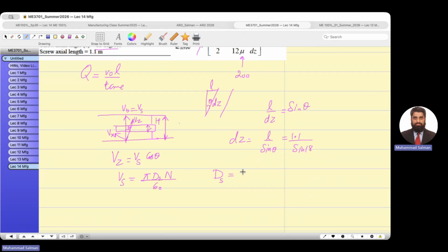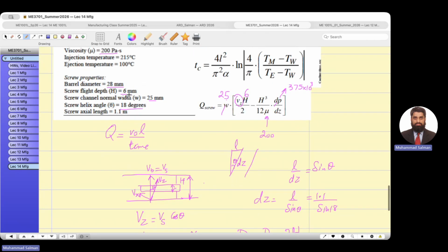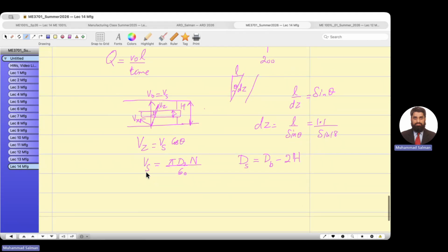The screw diameter is equal to the barrel diameter minus 2 times the height of the flight, which is 6 millimeter. So I can write down 28 minus 12, which is 16 millimeter. This is the diameter of the screw.